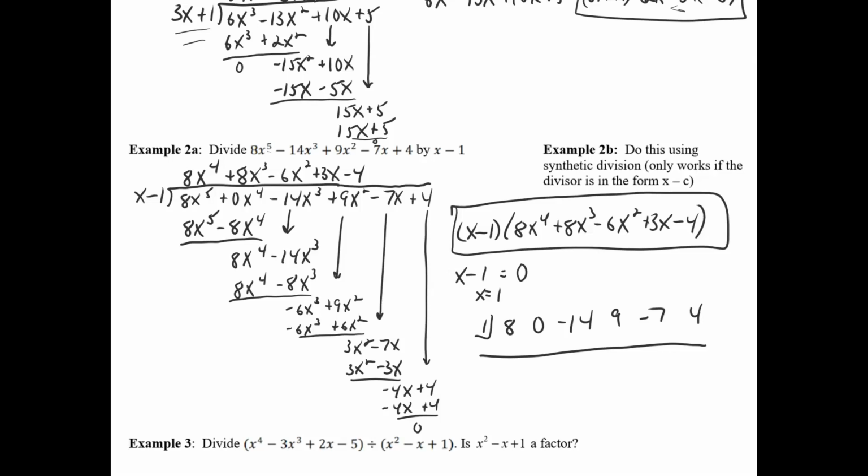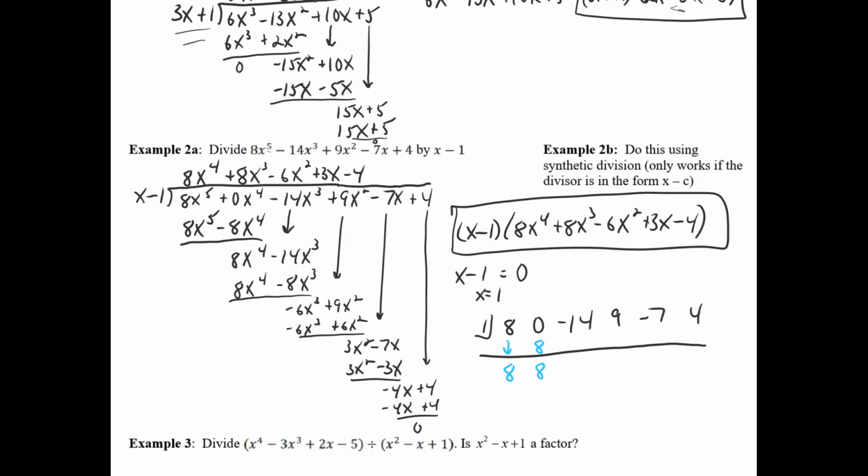So let's go ahead and do the synthetic division. Here's the process. This is how you set it up. You always start out by carrying down that first number that's automatically always going to be there. Carry it down, then you multiply it by the 0, that 1. So you get 8 times 1, which is 8. Then you add. 0 plus 8 is 8. Then you multiply by that 0 again.